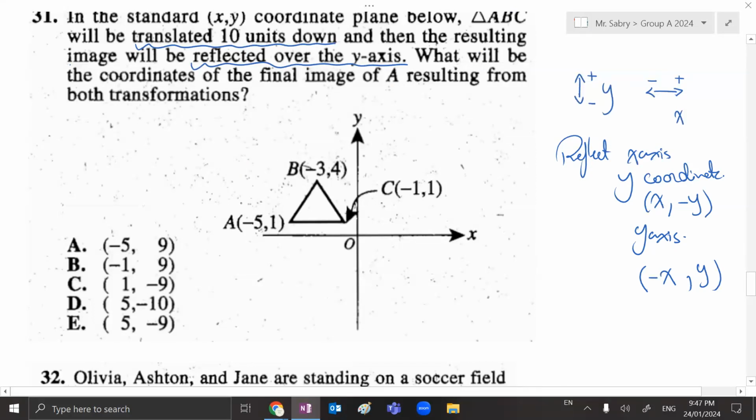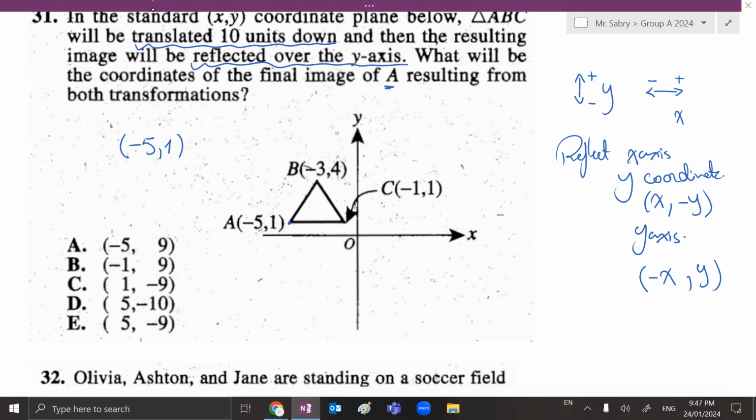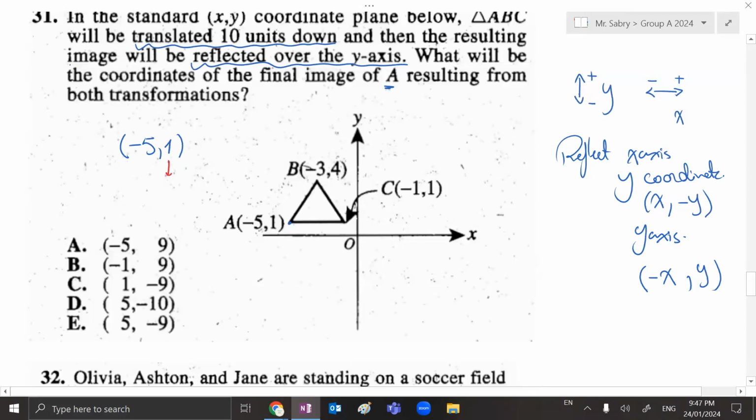First of all, I'll pick a point. Let's say they said image of the point A, so I'll pick the point A, which is -5 and 1. I'll first translate it 10 units down. When I move down, as we said, we subtract from the y. So now I should have the new y coordinate as 1 minus 10, which is -9.